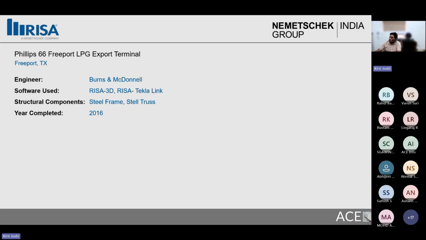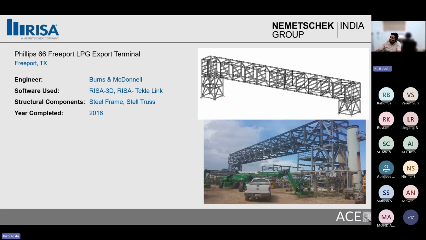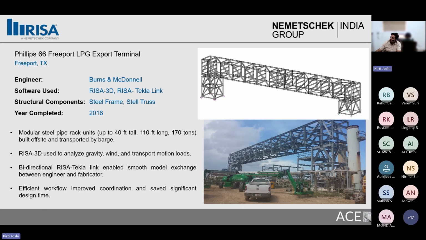So here is the second case study. In this project, the modular steel racks, it is an industrial structure. The steel pipe racks, which are big, like 40 feet tall and 110 feet long, were prefabricated off-site and transported to the construction site.